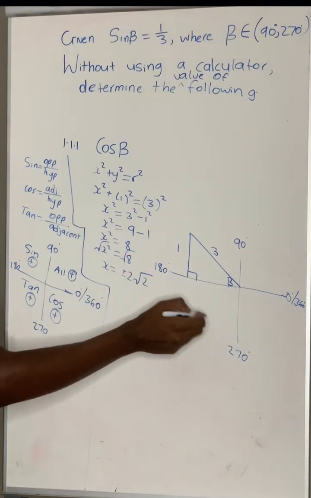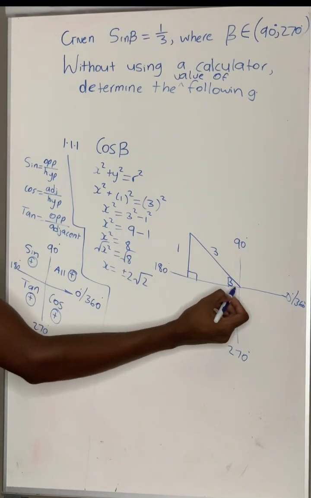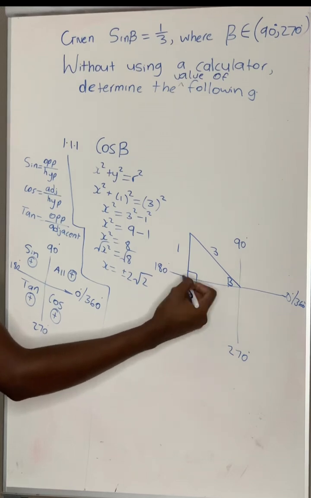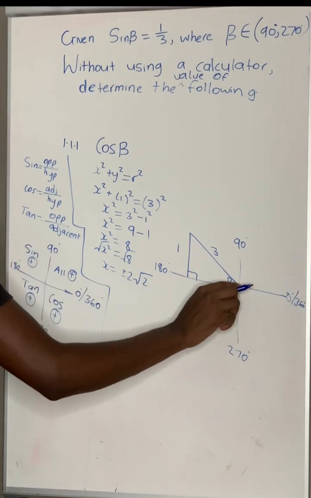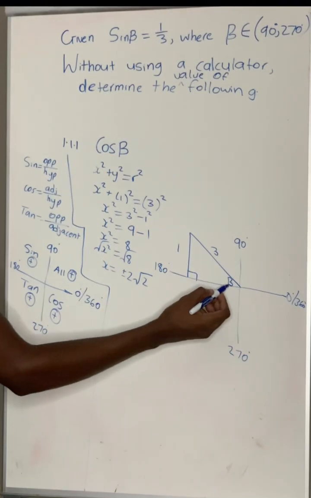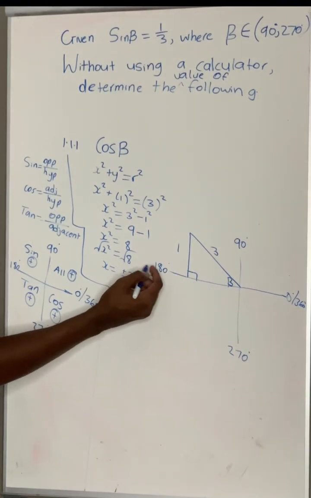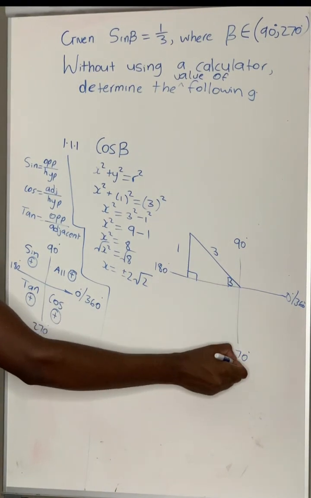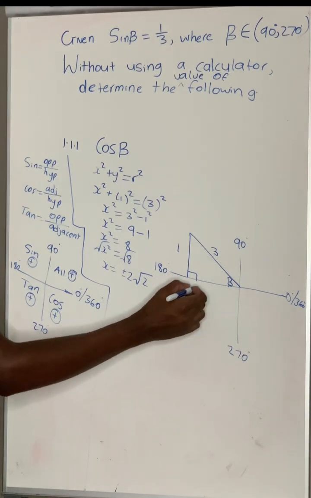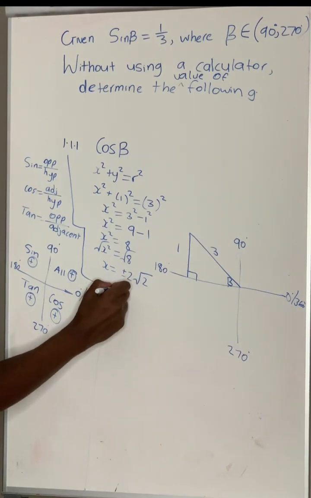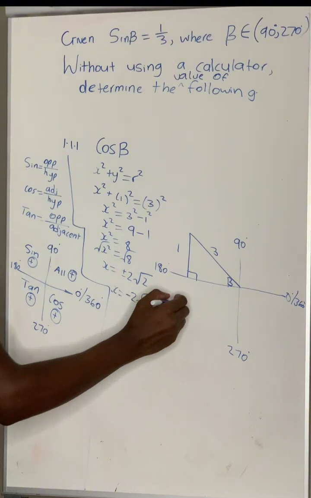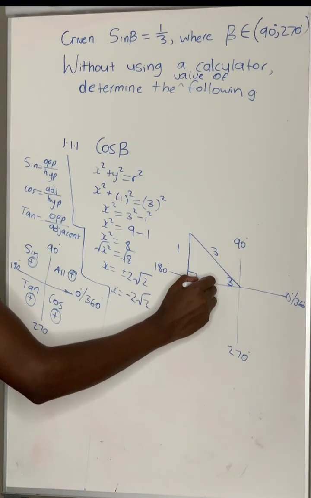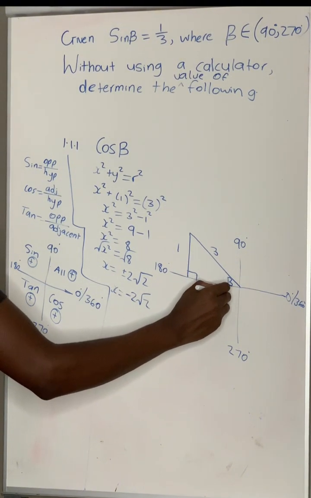But in this case, when looking at this Cartesian plane, it's lying on the negative side. Okay, so all values of x on this side are positive, all values of y are positive going up. All values of x going this side are negative, all values of y going this side are negative. So which means over here, x is basically negative 2 root 2. So you indicate that on your diagram, negative 2 root 2.